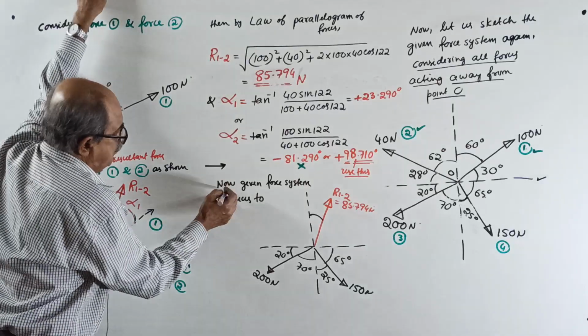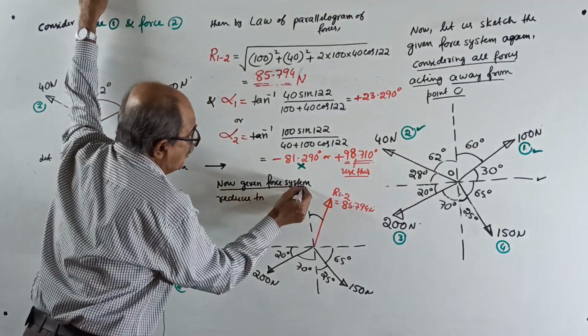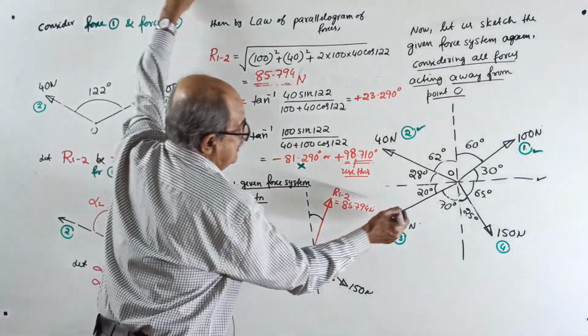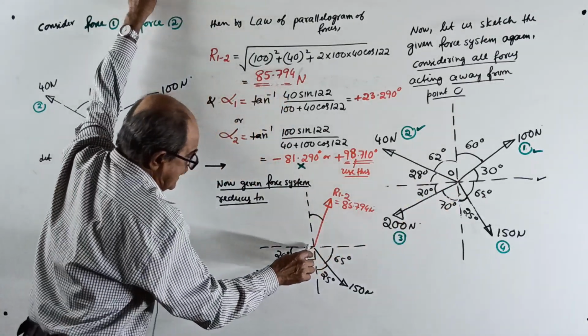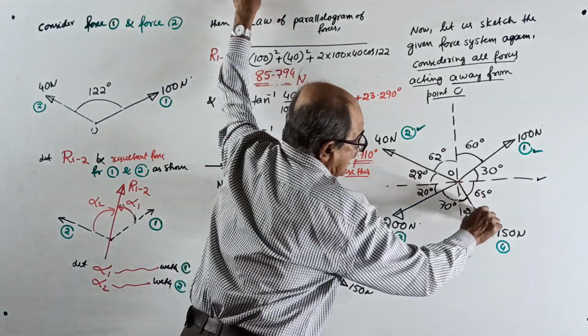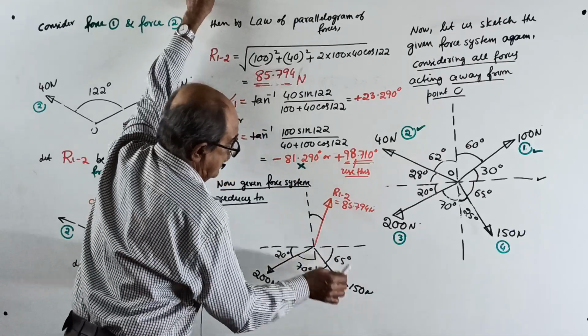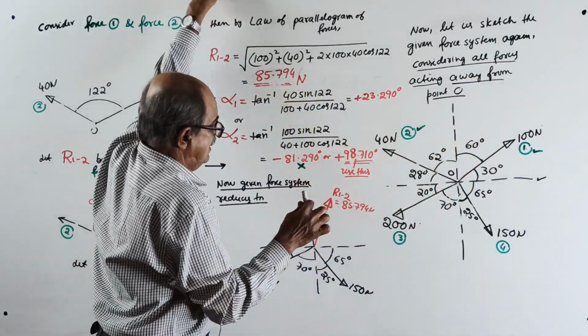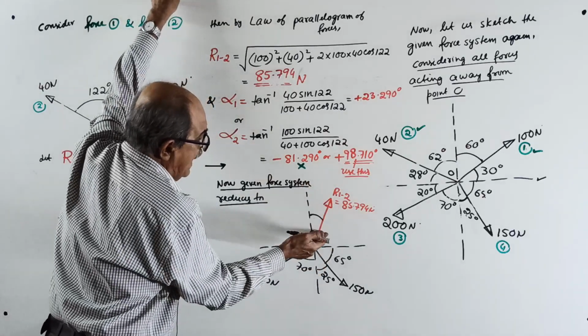Therefore the given force system reduces to this. The 200 will still remain the same because we have not touched it. 150 also has no effect. Now these two forces will vanish, but be very careful. One resultant will come, but where is the resultant?